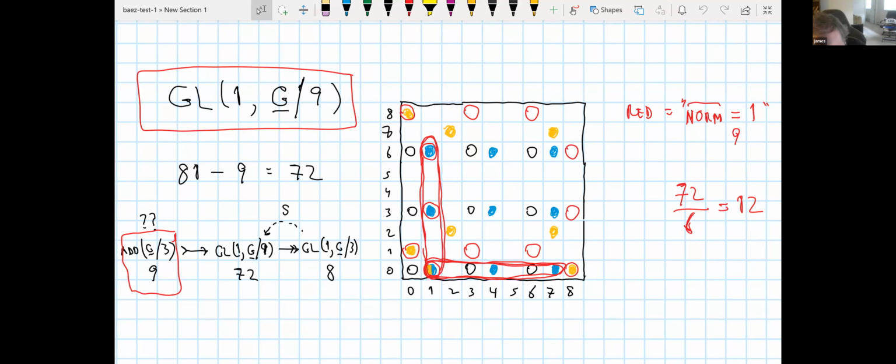That's what this picture is, and it reminds us that there are 72 elements in this group, which means in this square there's 81 elements, but only 72 elements in the group, so there must be those 9 zero divisors, which are the black hollow circles.